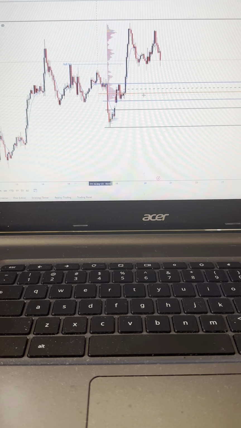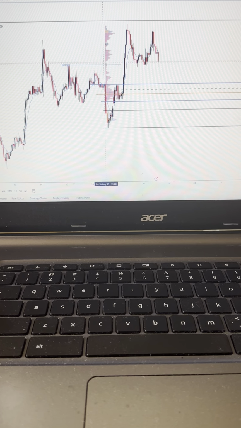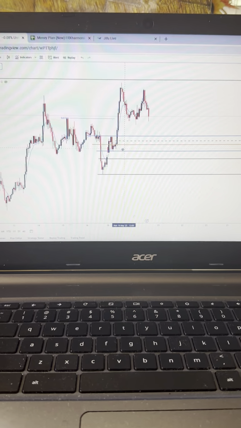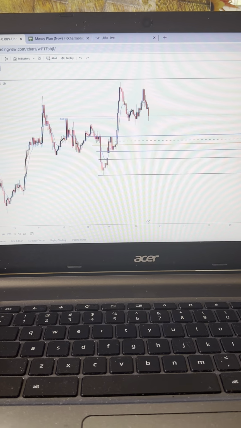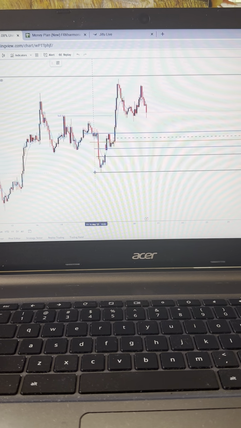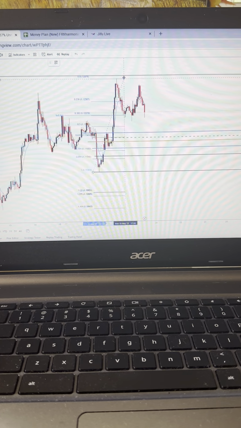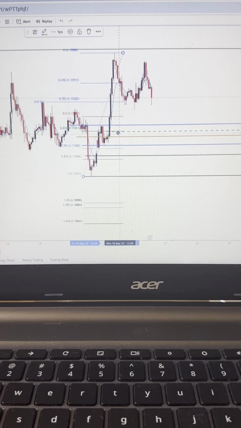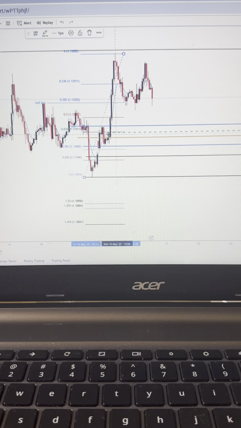That's my point of control in this range. This is my volume within this range. We have the 618 within our area, right? Within our point of interest, we have the 618.